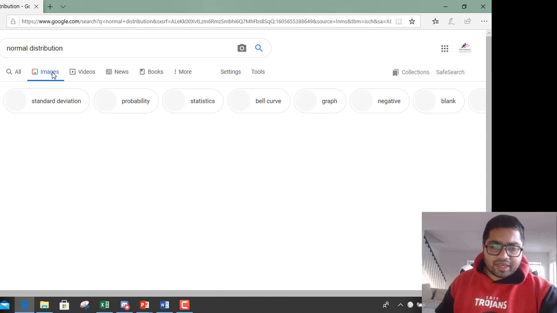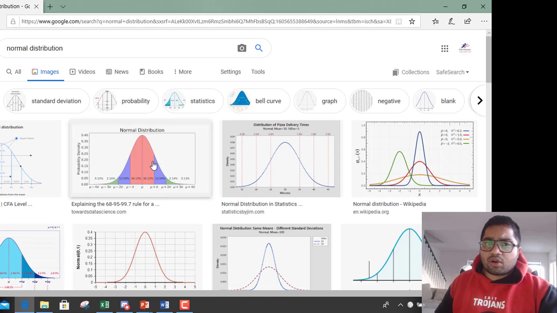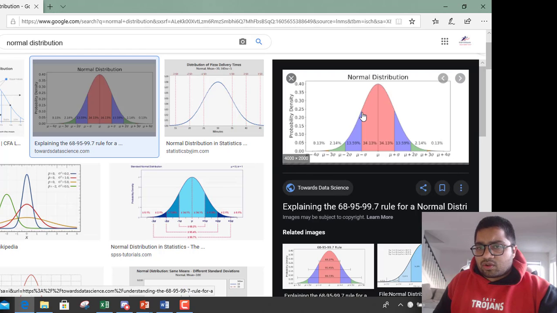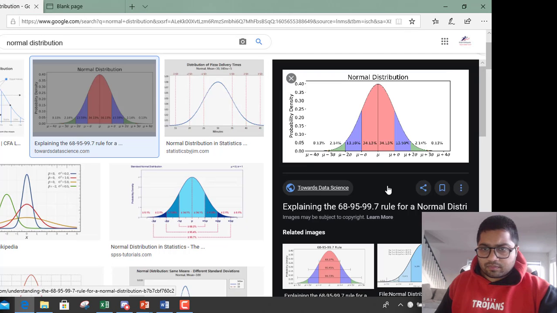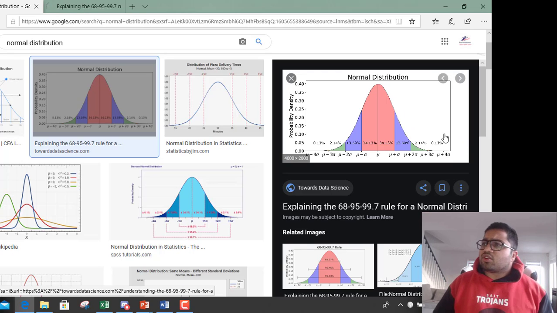If you look at the images, this is what a normal distribution looks like. What does a normal distribution mean? If you know the mean, where mu is the mean, most of the observations would be scattered around the mean.